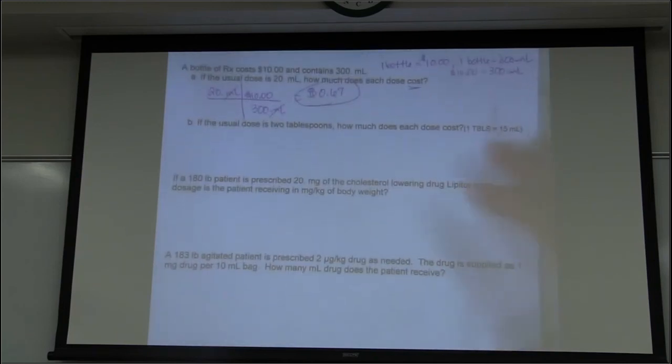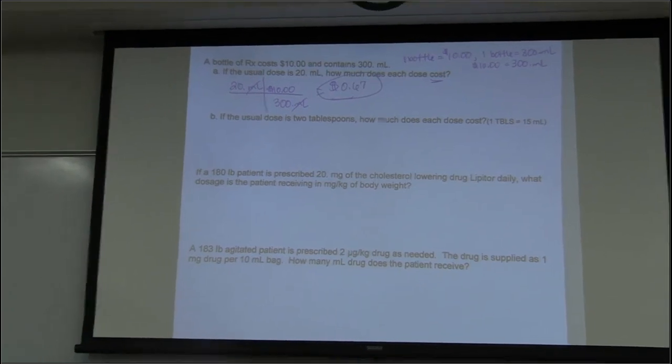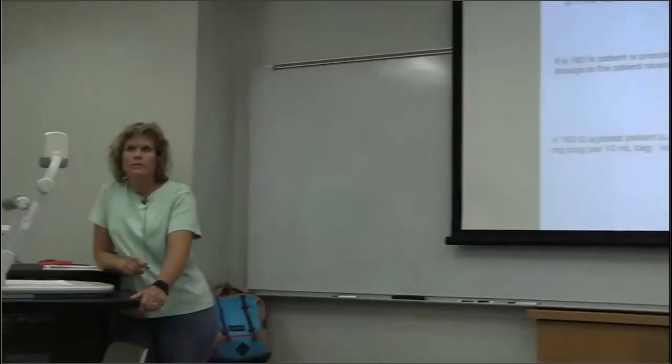All right, let's go down to the 180-pound patient. The 180-pound patient is prescribed 20 milligrams of drug. What are you wanting to find in the end of this problem?